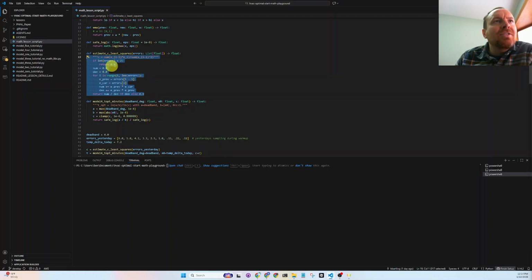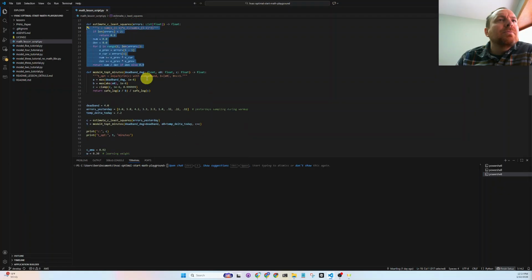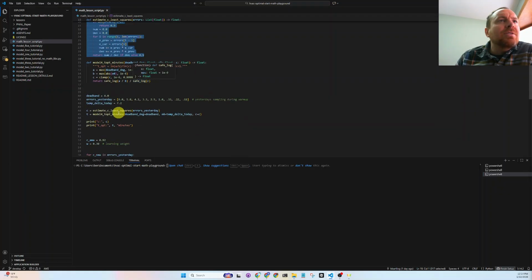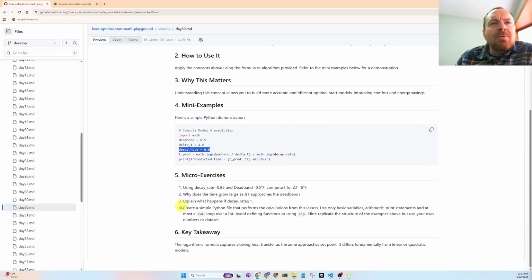So it's an iterative way of estimating the decay rate. And then ultimately we take our log. There's our log math in our Python script. So yeah, we actually did this.